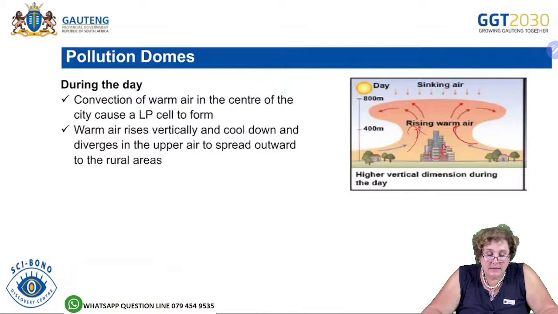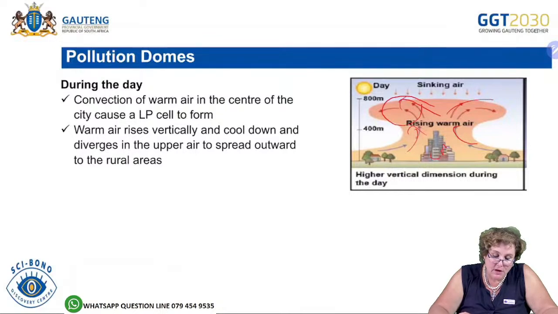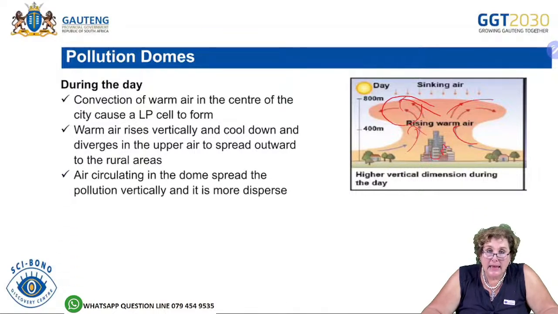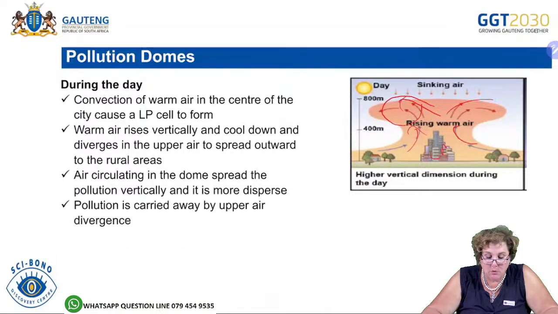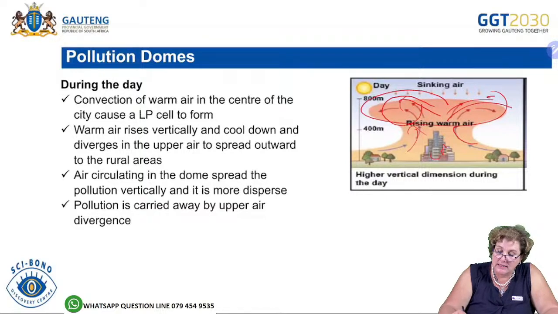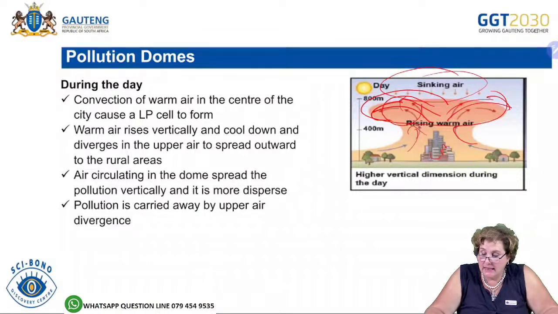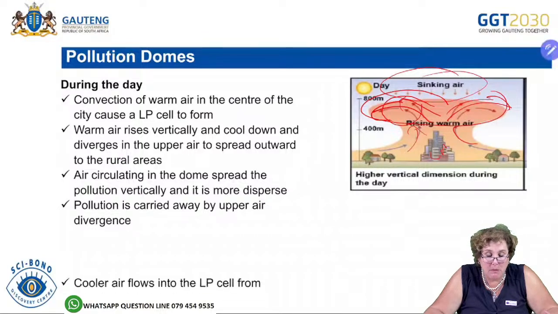The warm air rises vertically, cools down, and it diverts, there you can see, into the upper air to spread outwards to the rural area.